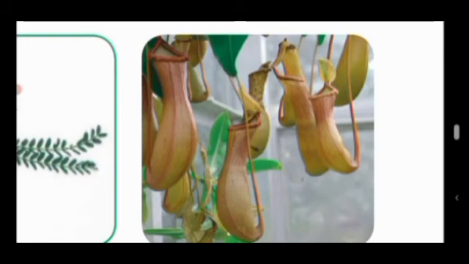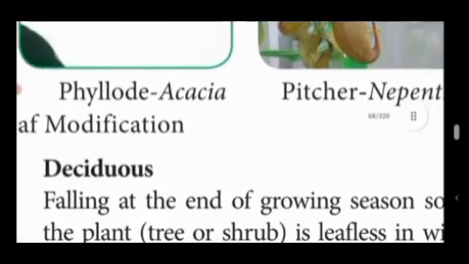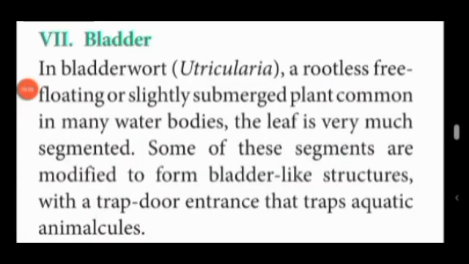Bladder. The bladderwort, Utricularia. These plants are aquatic plants. The bladderwort is a rootless, free-floating or slightly submerged plant common in many water bodies. The leaf is very much segmented.